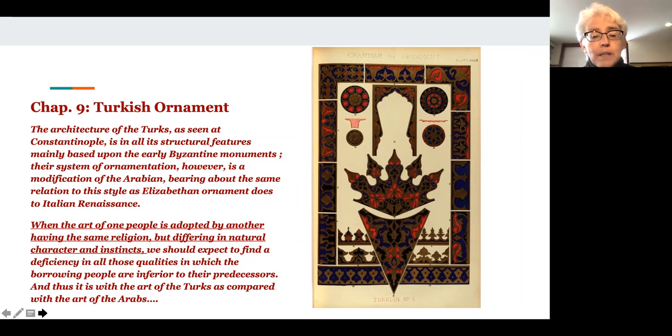Their system of ornamentation, however, is a modification of the Arabian, bearing about the same relation to this style as Elizabethan ornament does to Italian Renaissance. And this is my underlining here. When the art of one people is adopted by another, having the same religion but differing in natural character and instincts, we should expect to find a deficiency in all those qualities in which the borrowing people are inferior to their predecessors.